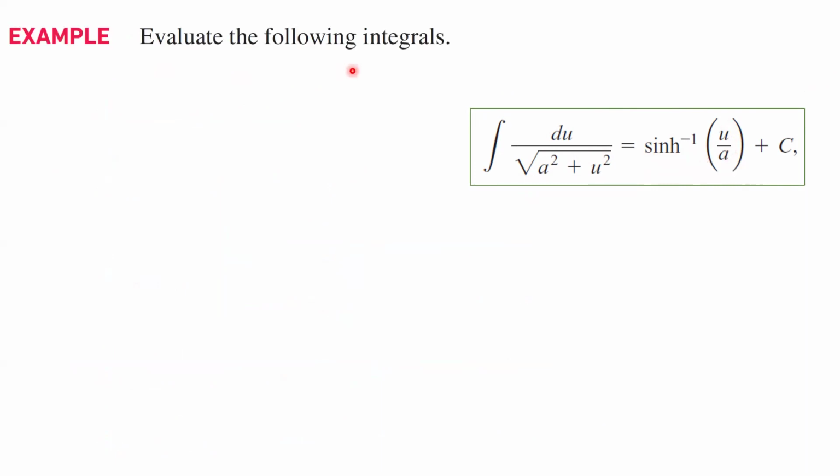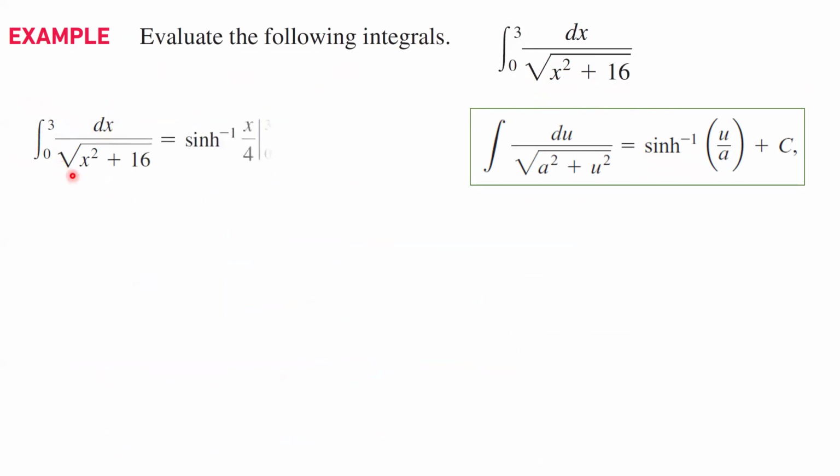So if I ask you to evaluate the following integral, the definite integral from 0 to 3 of dx divided by square root of x squared plus 16, it is by definition inverse hyperbolic sine of x divided by 4, because here you have x squared plus a squared where a squared is 16, a is 4, and x ranges between 0 and 3.